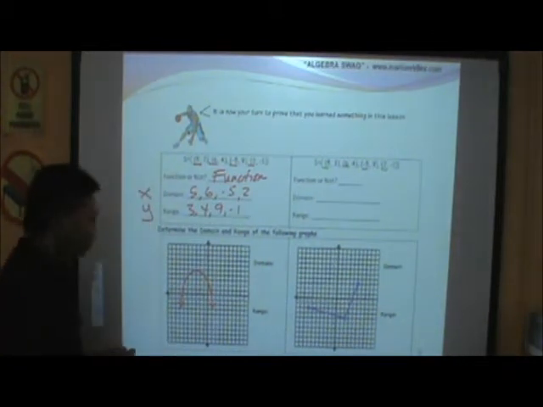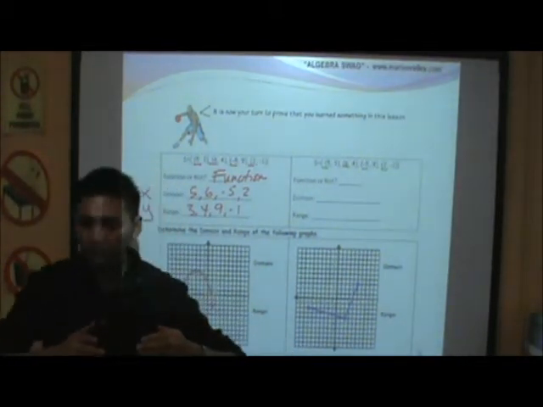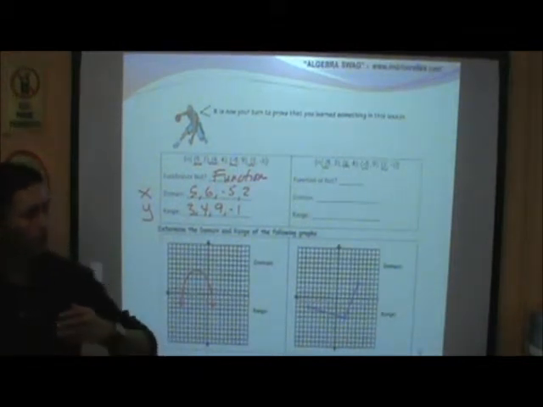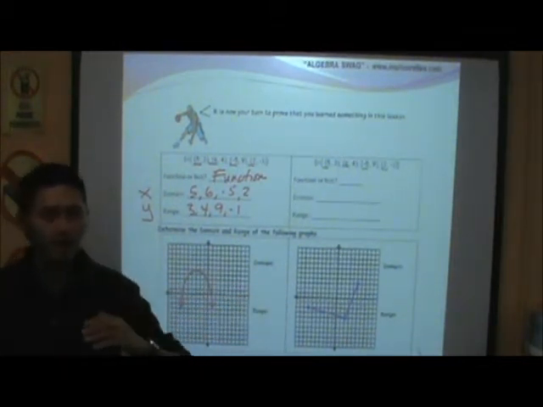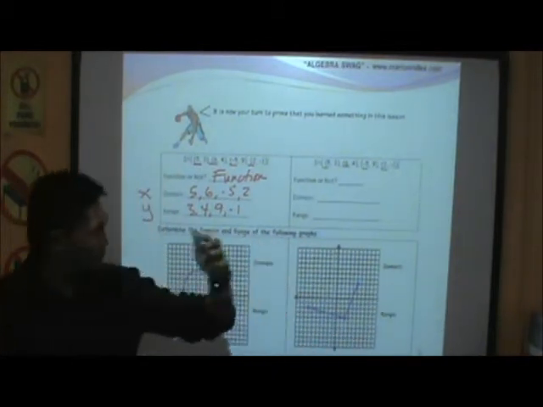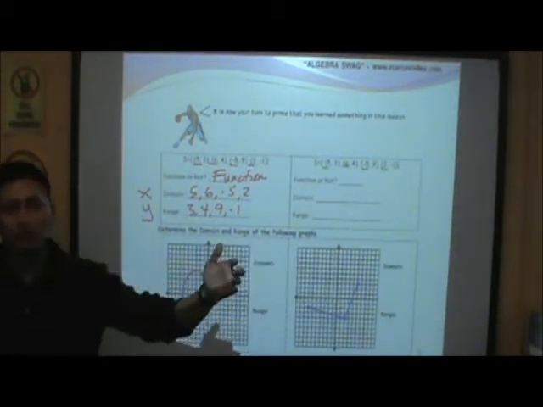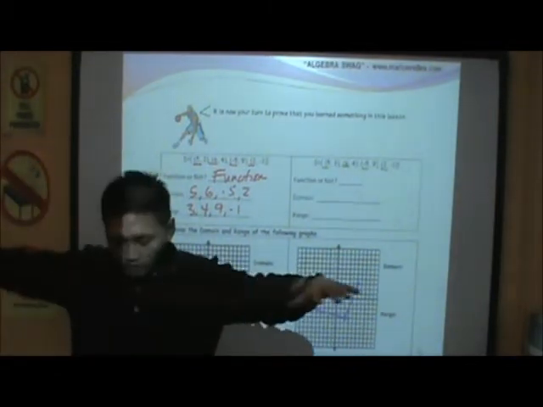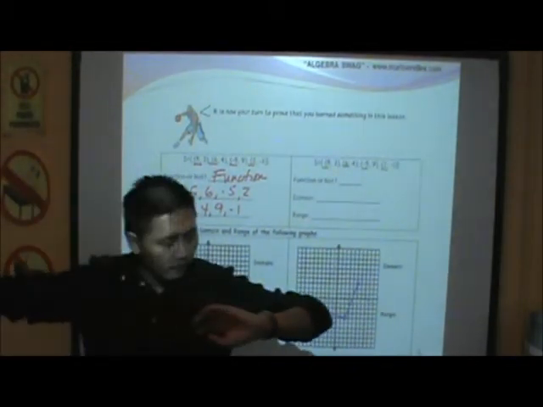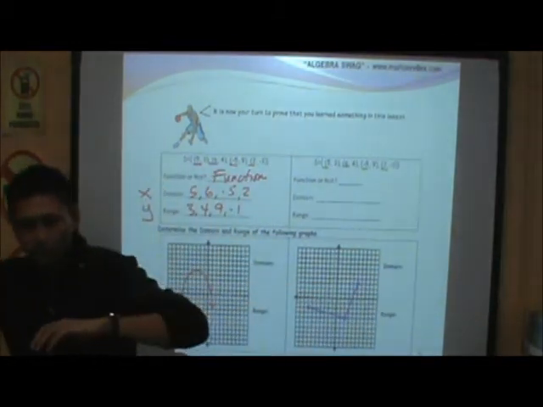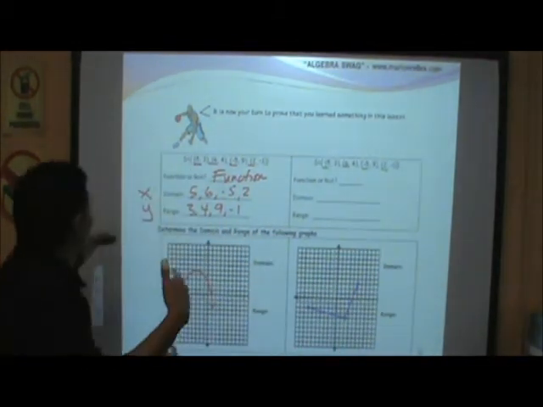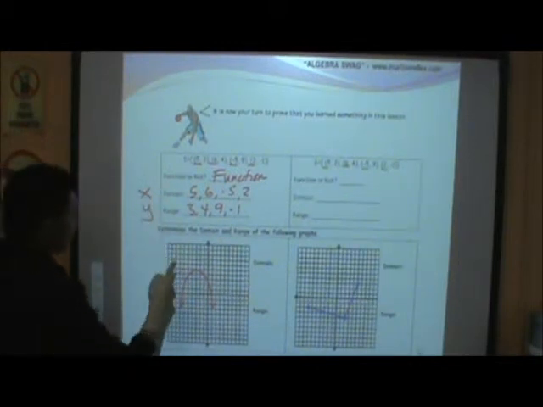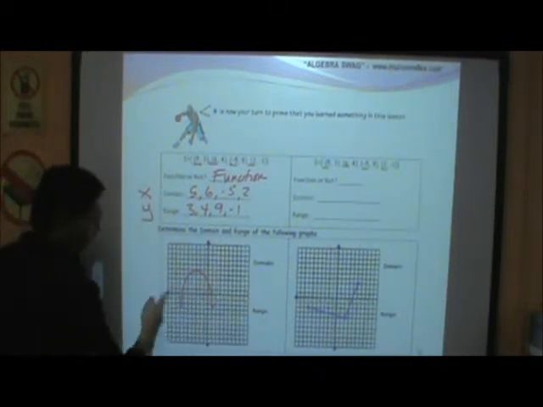Now, when we talk about domain, we're talking about all the values from the left side, which are the negative values of the x-axis, and all the values on the right side, which are the positive values of x. So for domain, we're talking about left and then right. We're talking about the x values, because we're talking about domain.